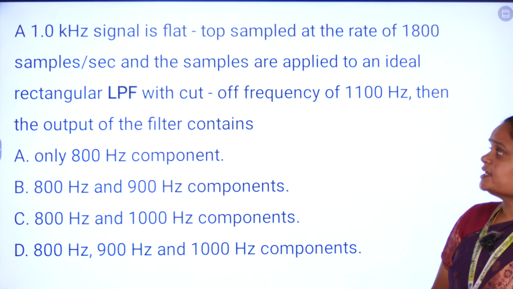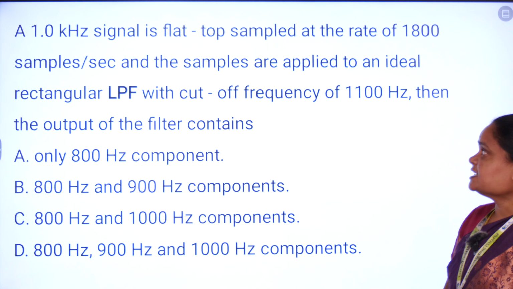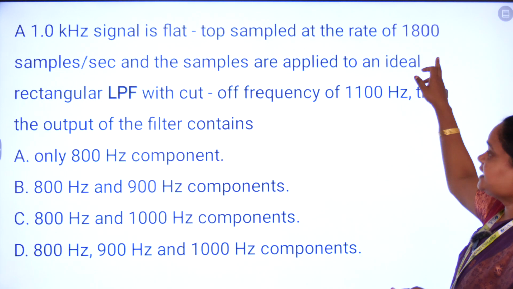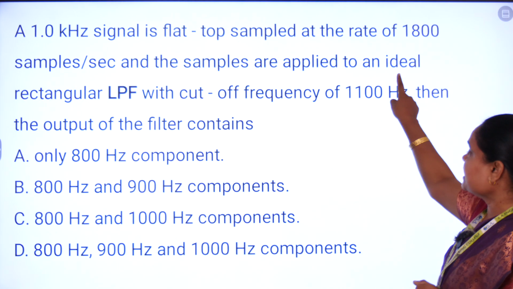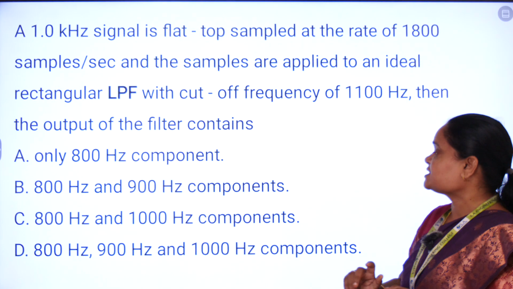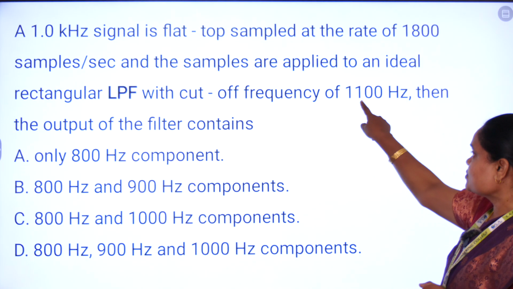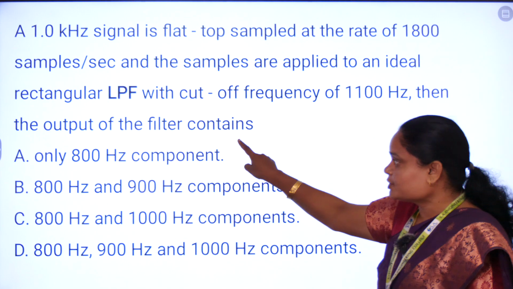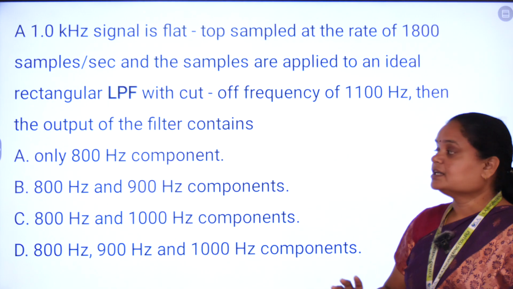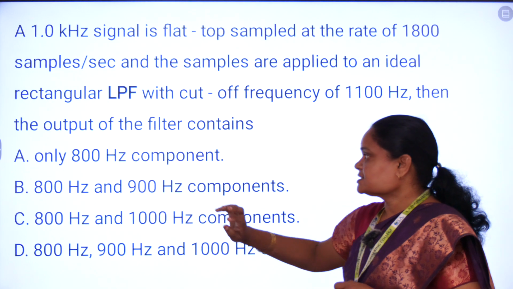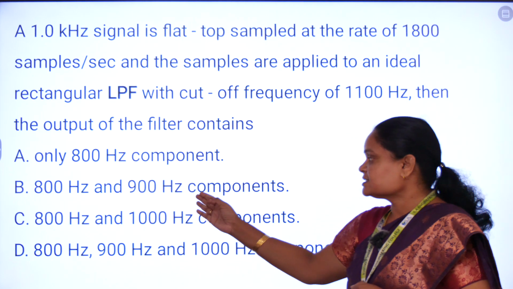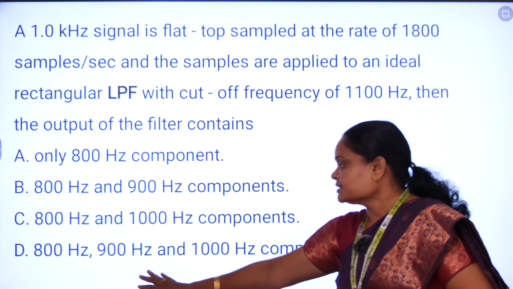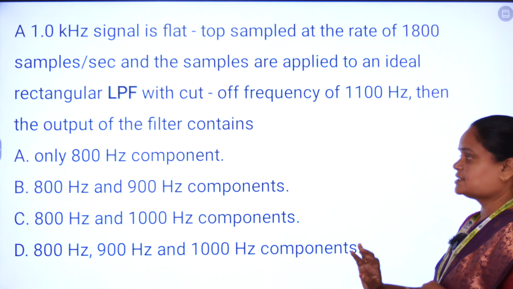Then the last question in this set: a 1 kilohertz signal is flat topped sampled at a rate of 1800 samples per second, and the samples are applied to an ideal rectangular low pass filter with a cutoff frequency of 1100 hertz. Then the output of the filter contains only an 800 hertz component, 800 hertz and 900 hertz components, 800 hertz and 1000 hertz components, or 800, 900 and 1000 hertz components.